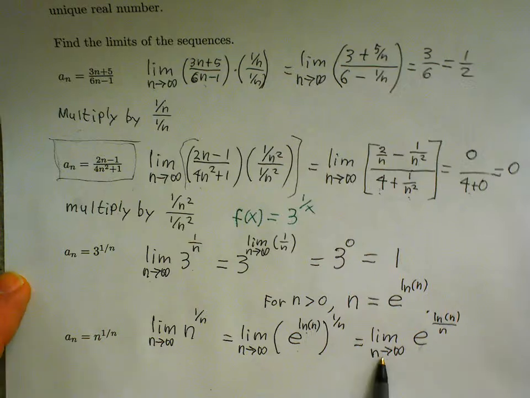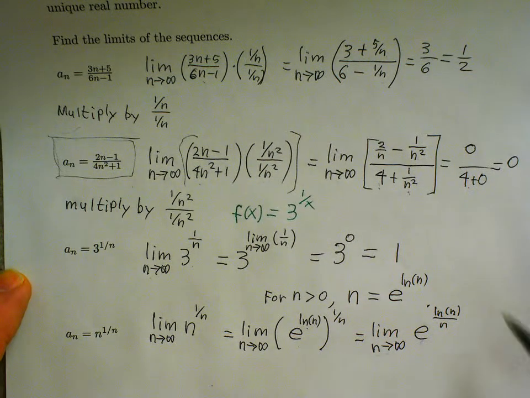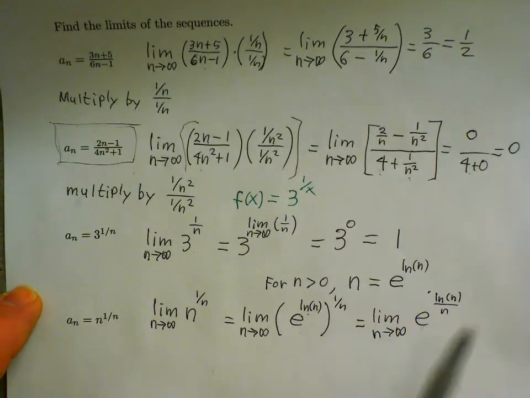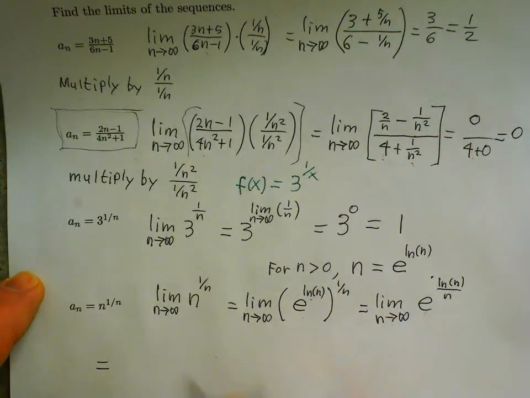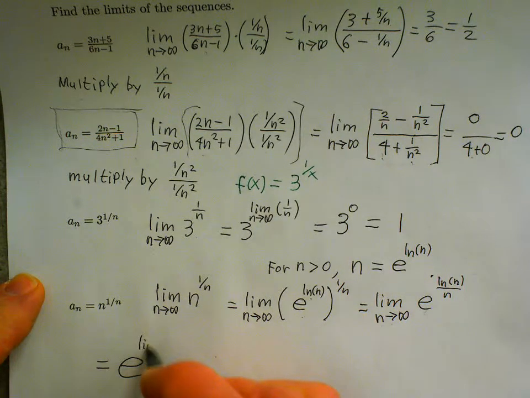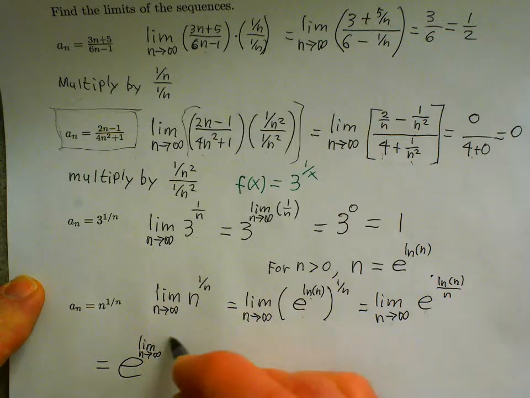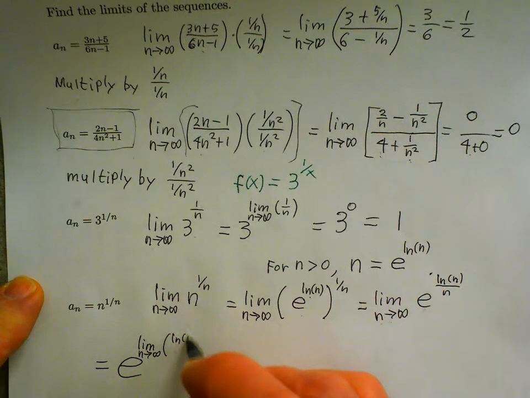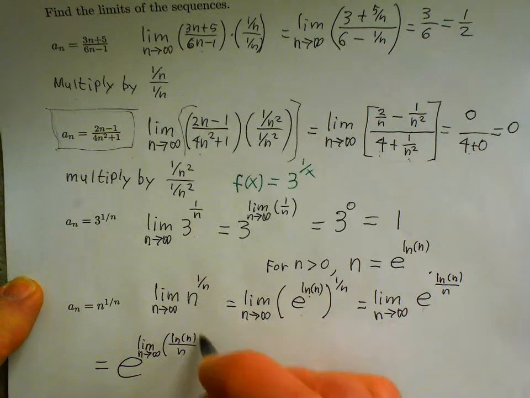We have the limit of e to the natural log of n over n. So we'll write this as e to the limit as n approaches infinity of the natural log of n over n.